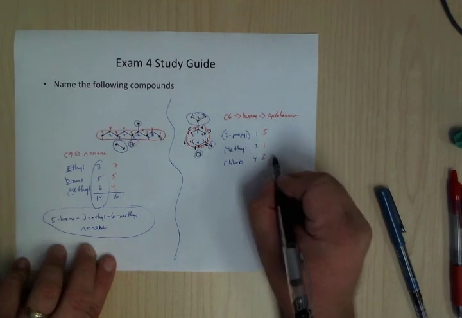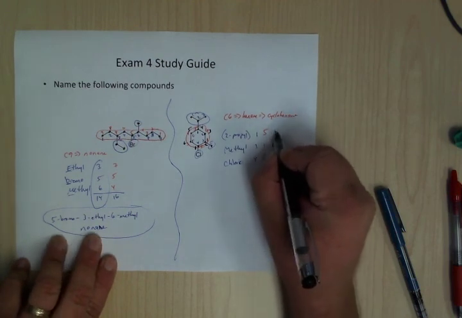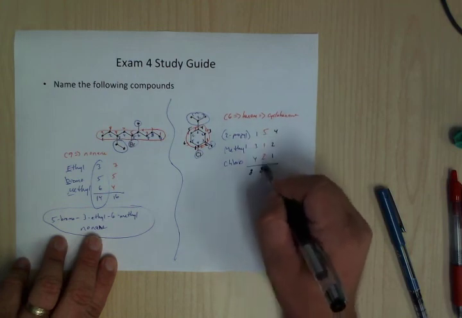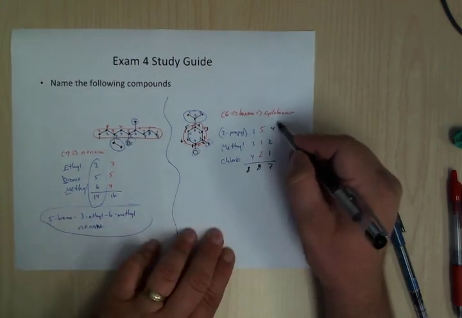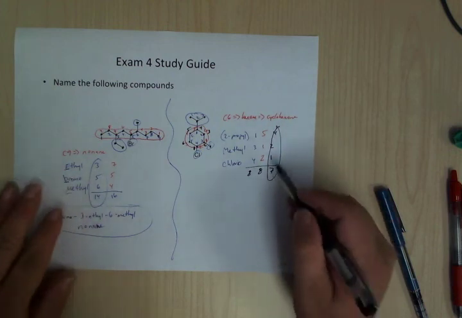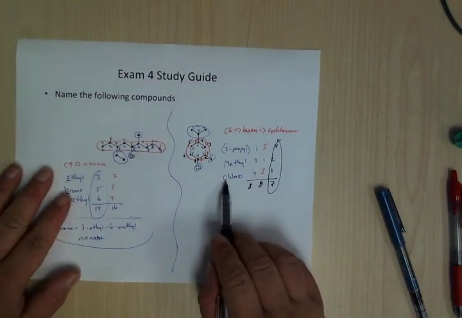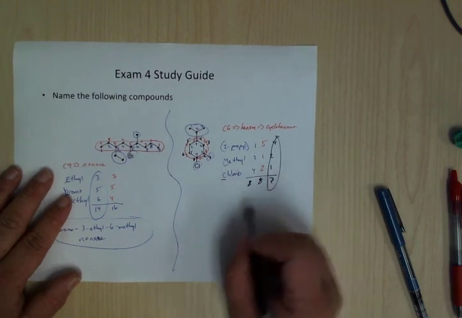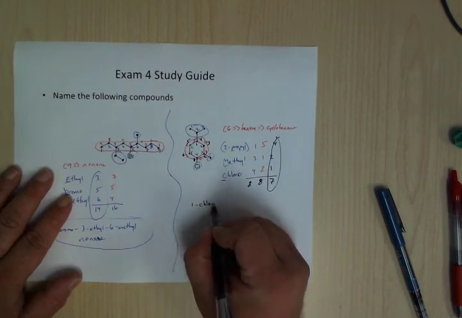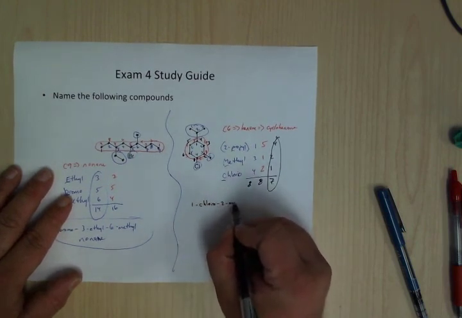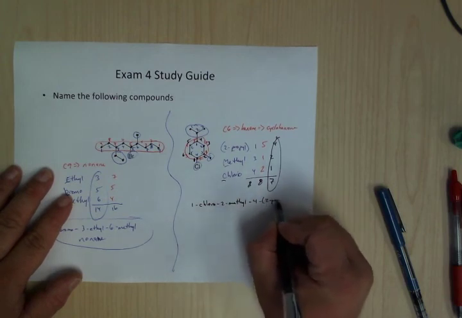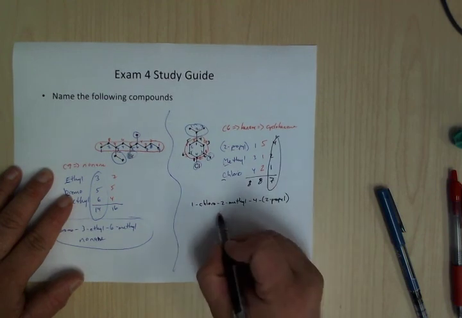So it becomes 1, 2, 4. You add them up, so this becomes 8, 8, 7. So these are the numbers we use. Chloro comes before methyl, which comes before propyl. So it becomes 1-chloro, 2-methyl, 4-(2-propyl), cyclohexane.